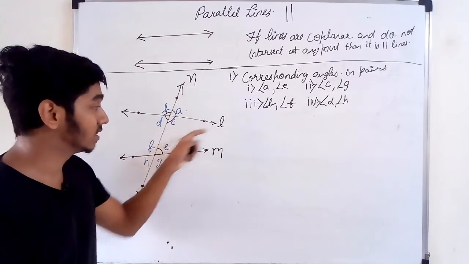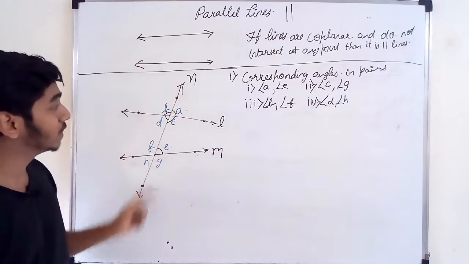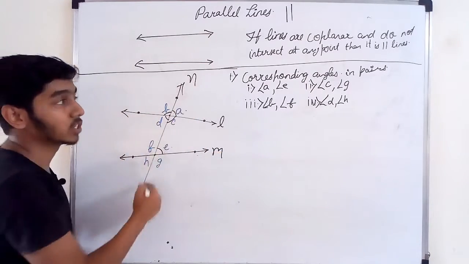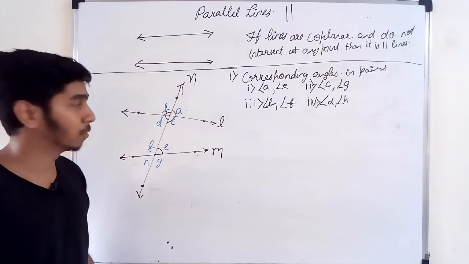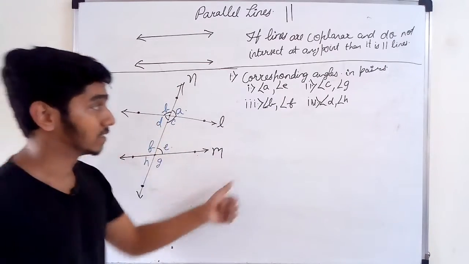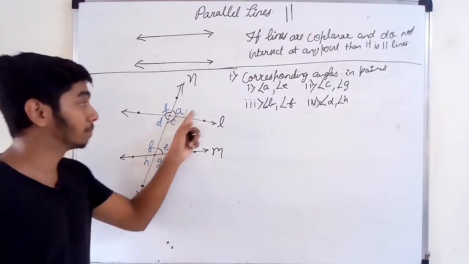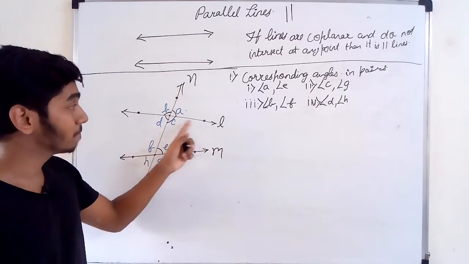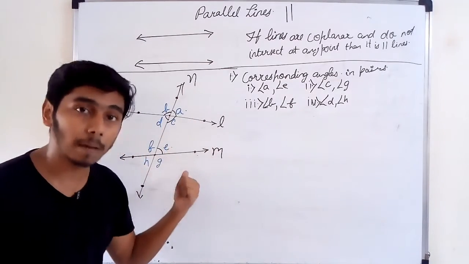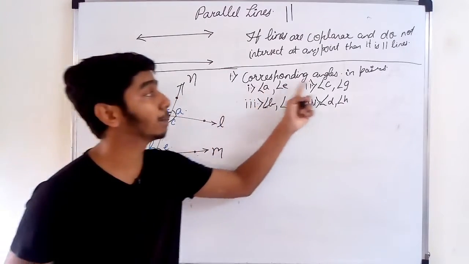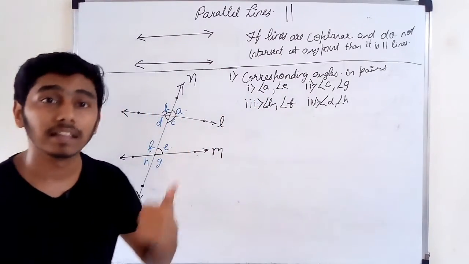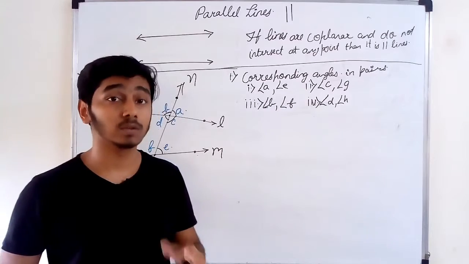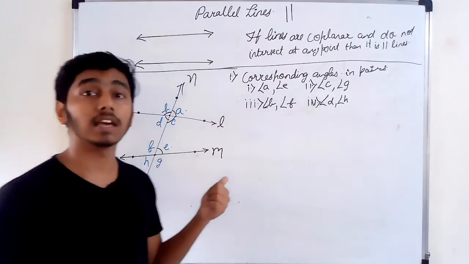First of all, if these two are the lines, the line which is cutting these two lines is called a transversal. When we discuss further, when the lines are taken parallel, you'll understand better. We have just taken two lines which are not parallel, and we are just trying to find the pairs of corresponding angles. Then there are alternate angles, so there are 3 to 4 types of angles involved.